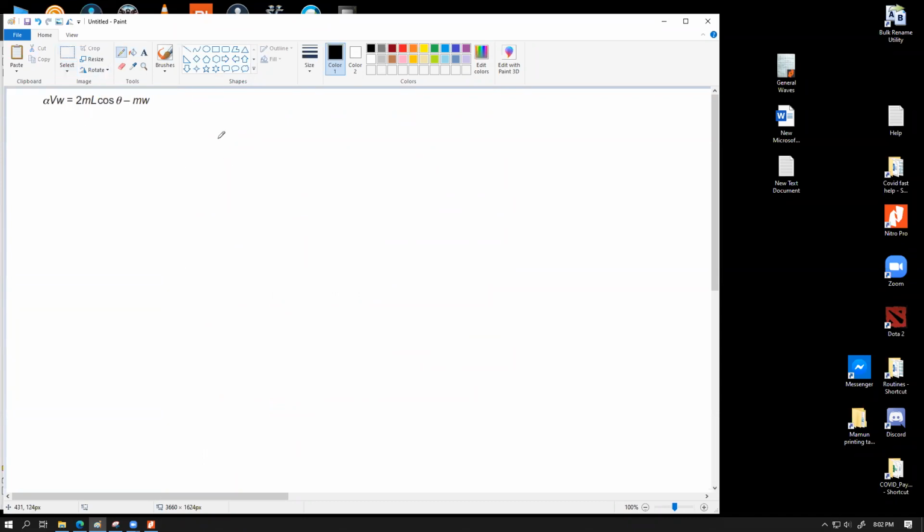So this equation goes like alpha VW equals 2ml cos theta plus MW. Also, you have to give appropriate ways to measure the L as well, which I did not mention, but I want you to think about it and come up with some ideas from your own conceptions.